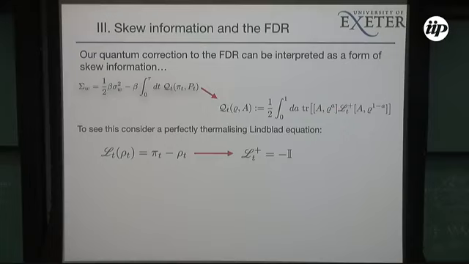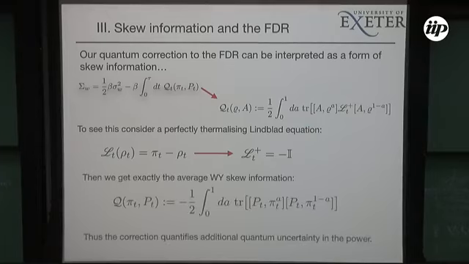To see why this is the skew information, we'll take a simple example: a very simple Lindbladian, a perfectly thermalizing one. You figure out that the Drazin inverse is actually just the identity. So our correction term in this dissipation relation is exactly the skew information that I just showed you. The correction term is effectively measuring the quantum uncertainty in the power as you evolve your system.